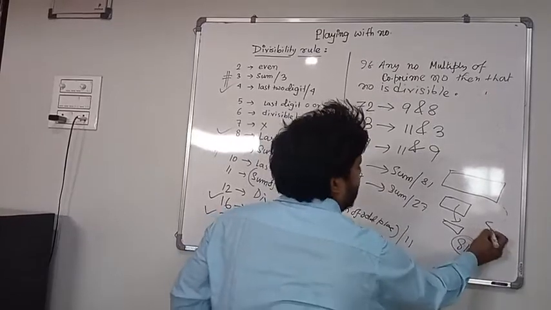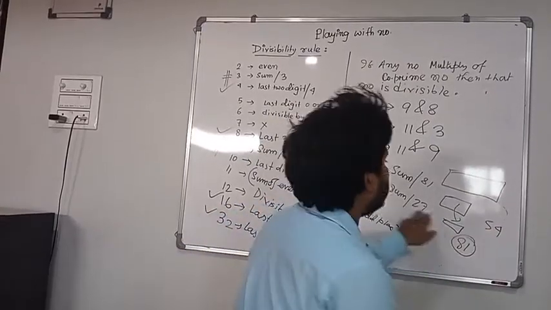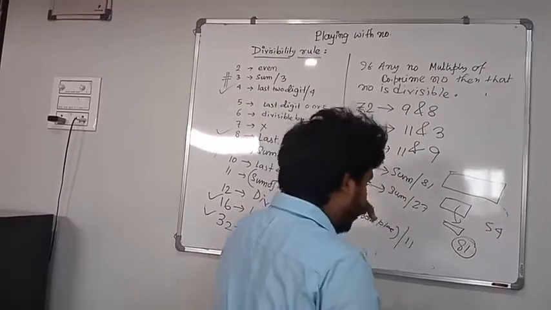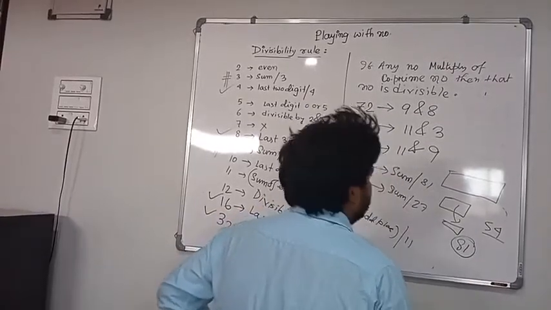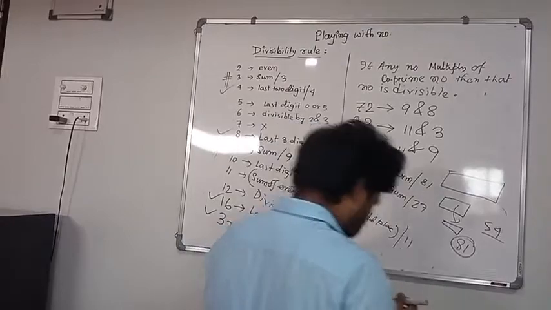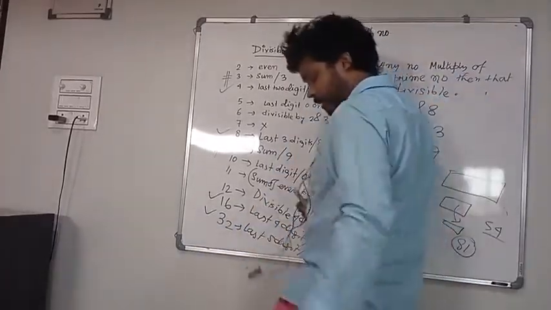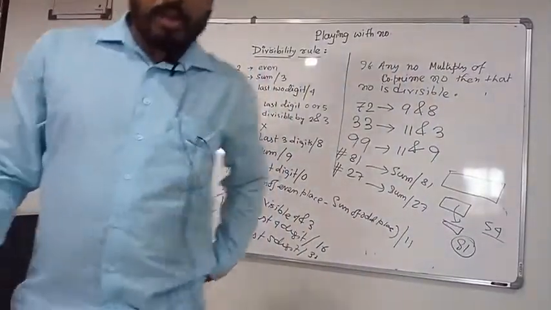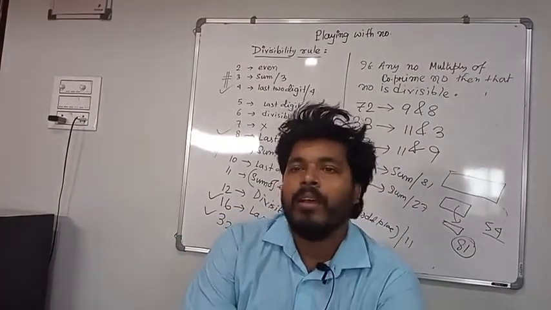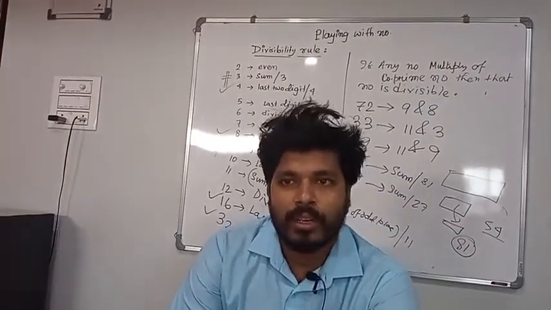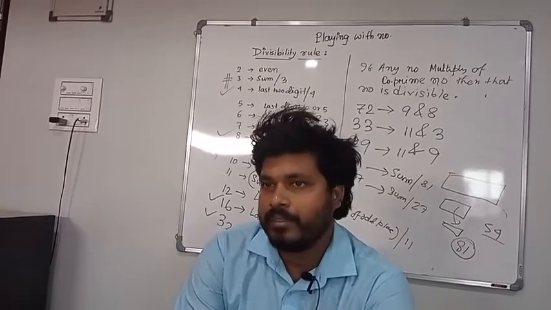Suppose 54 is there. So 54 is divisible by 27. You can solve it easily. So the sum is divisible by 81 or by 27, and then this number is divisible by 27 or 81. So I think it is clear, students.